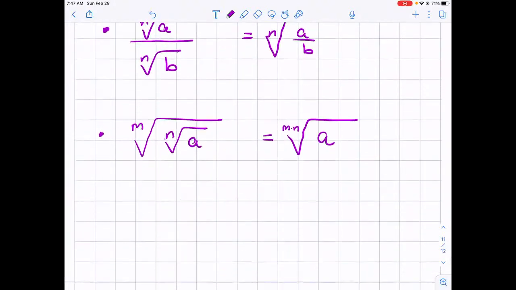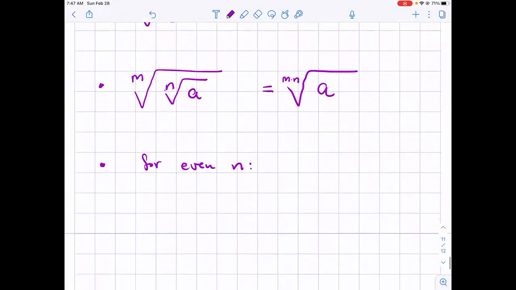And remember also that for even n, if we have the nth root of a to the n, this is equal to the absolute value of a. Because why? If n is even, it has to be positive numbers, right?